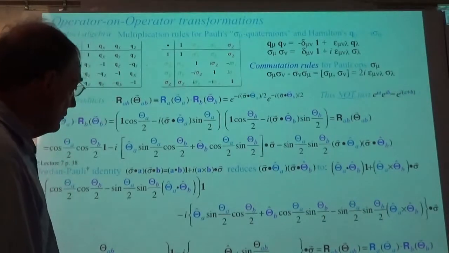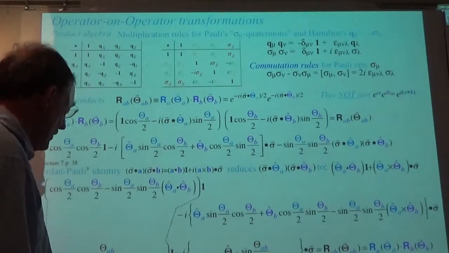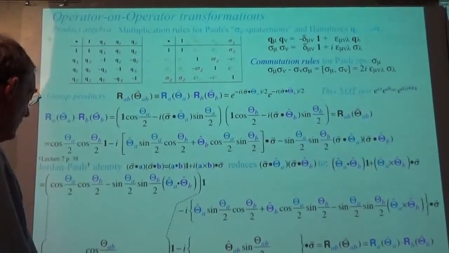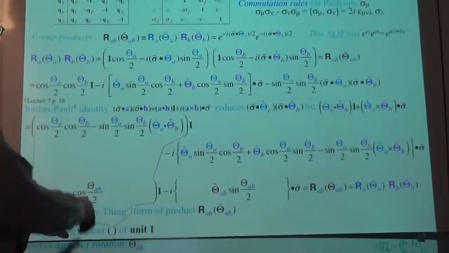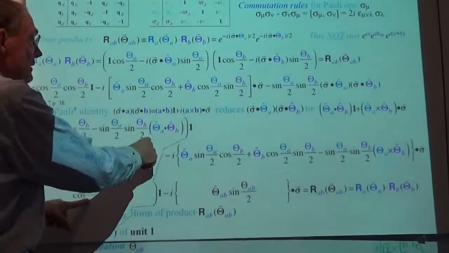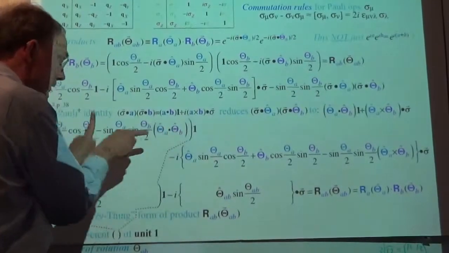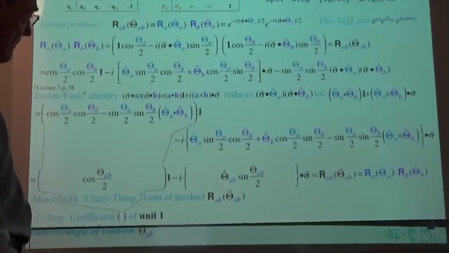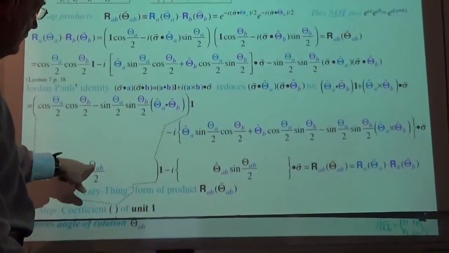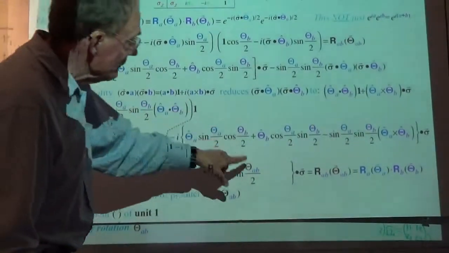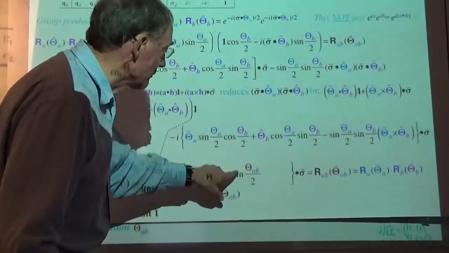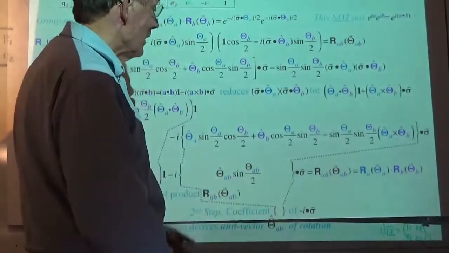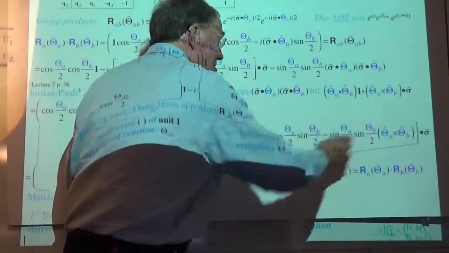So here's how it's really working. The first step is to take the coefficient of this 1, this thing right here, and set it equal to all of these sines and cosines, and I have to know, of course, the dot product of the unit vectors that make up this product. So that's going to give me this angle, which will give me that coefficient, and then I simply have to derive how big is that vector, you see.